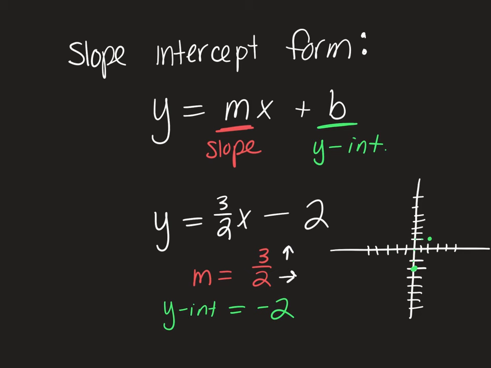We can do it again. We can go up 3 more. 1, 2, 3, and then 1, 2. Then we can connect the points, make a line.